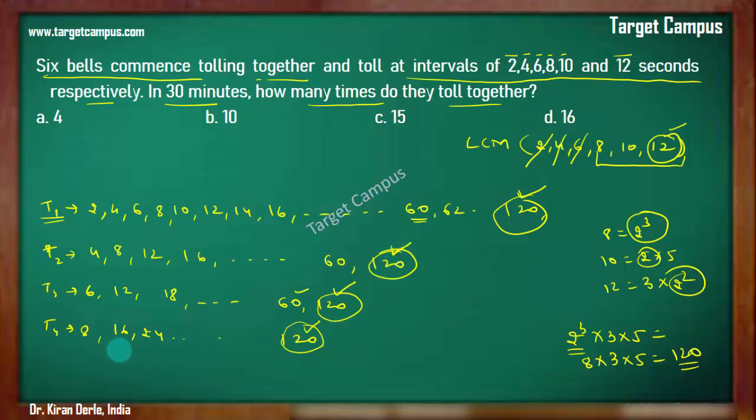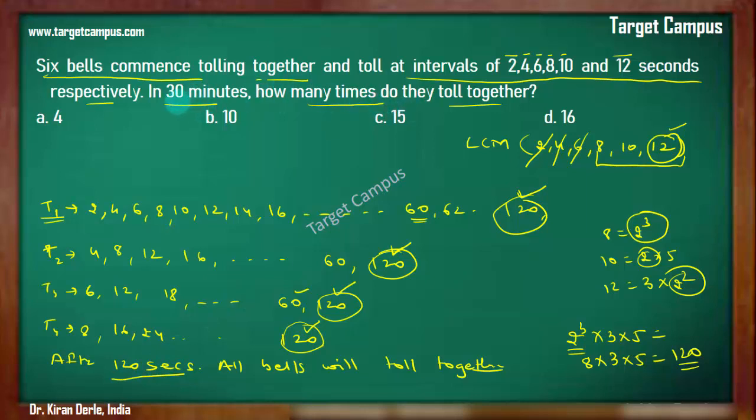So that means after 120 seconds all the bells will toll together. I hope you are getting this. I hope you are capable of imagining these things. So all the bells will toll after 120 seconds.